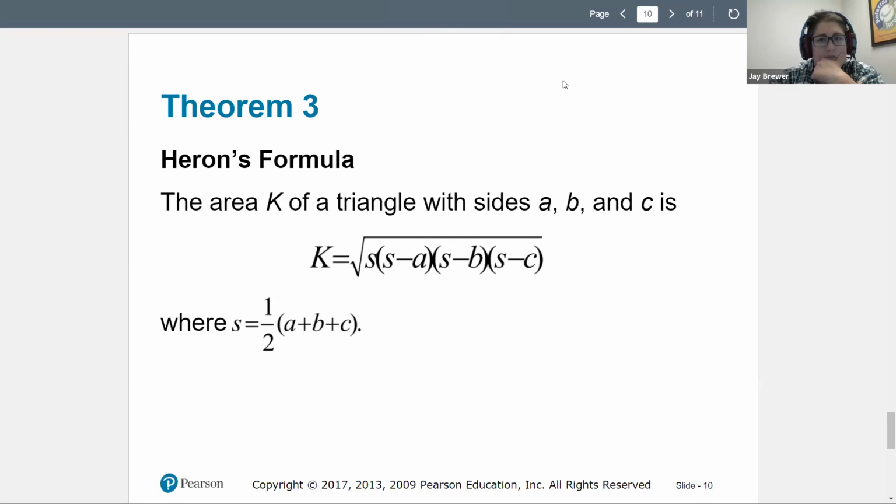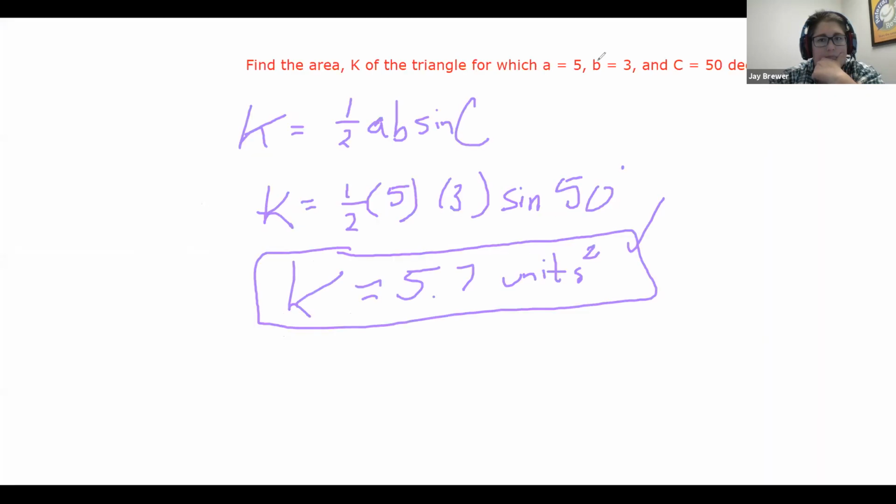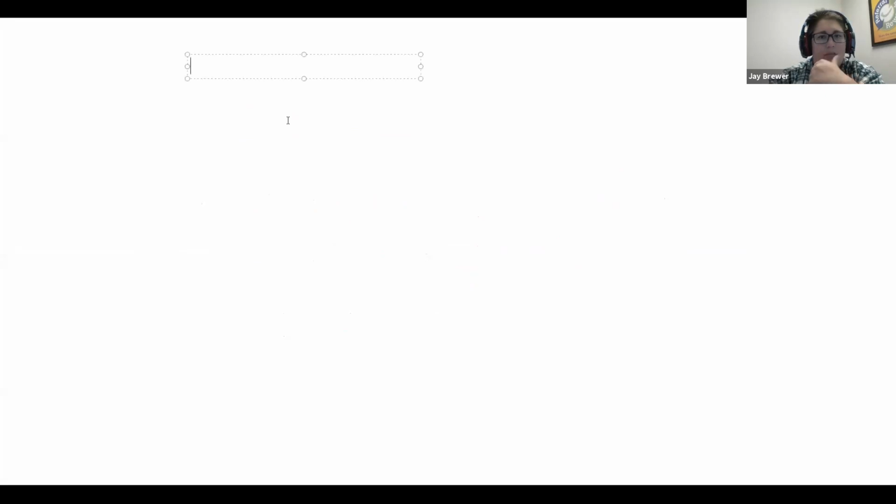Okay, so let's go into the whiteboard. All right, so we are given, find the area of a triangle whose sides are 5, 6, and 9.